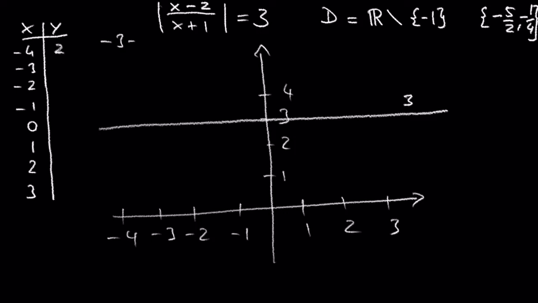Negative 3 minus 2 divided by negative 2 is 5/2, which is 2.5.